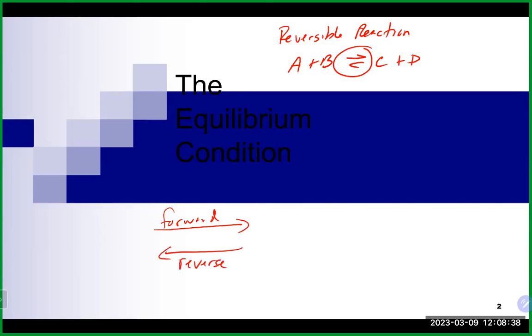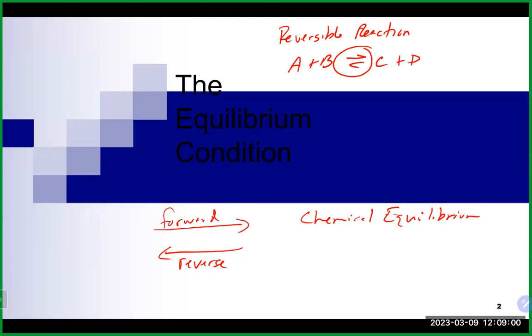And at some point, this reaction will reach what is referred to as chemical equilibrium. And there is a very big misconception a lot of students have about what the word equilibrium means. They hear equal and they think equal. And that is not what chemical equilibrium means.